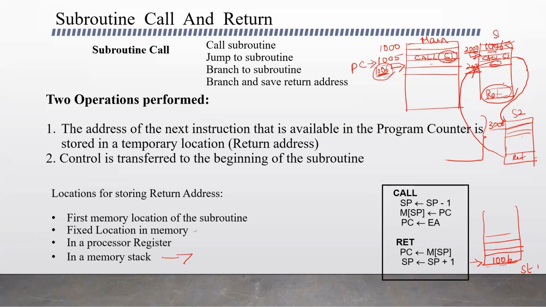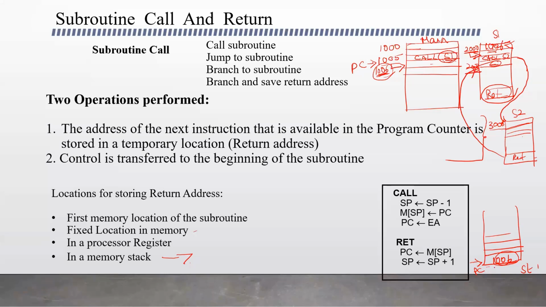When the execution of the instructions in S1 is over, there is a return statement. Control has to return to the main program. Now at the top of the stack, we have the return address to return to the main program. This top value in the stack is removed and stored in the program counter.